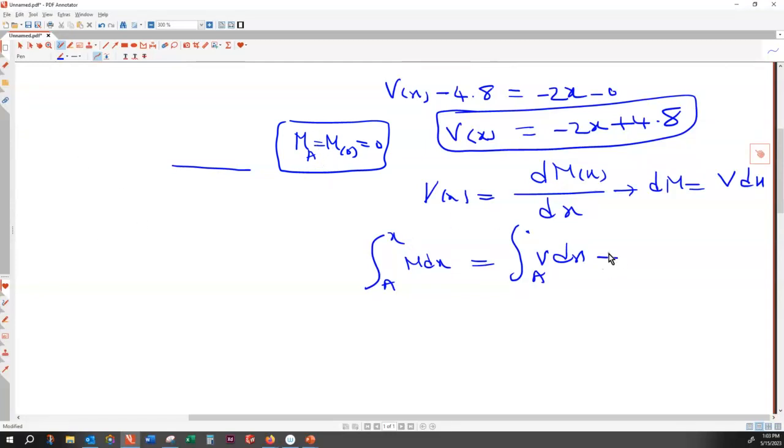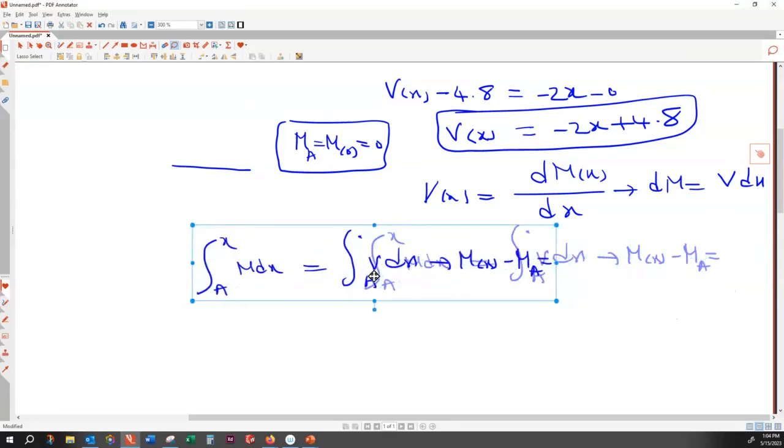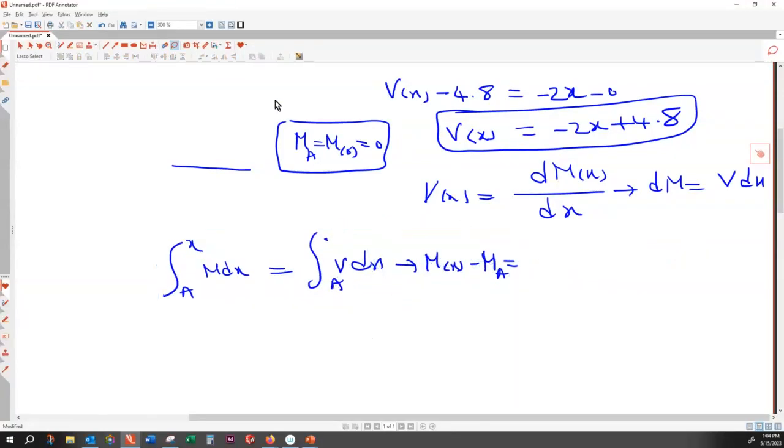So this one, if you expand, becomes M of x minus M of A is equal to the integral of this guy over there, that is the integral of minus 2x plus 4.8 dx.